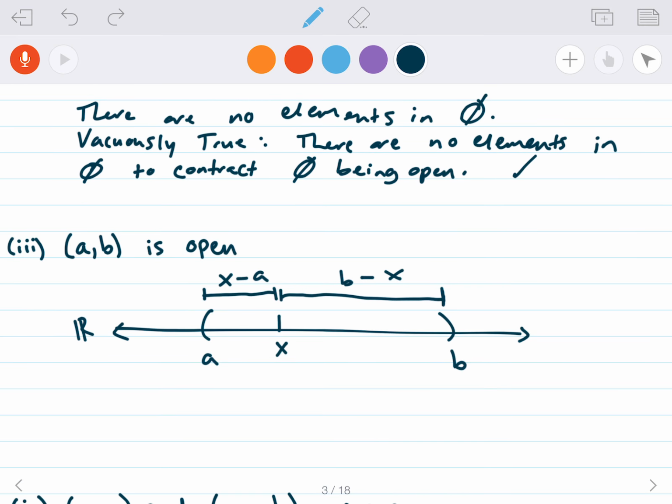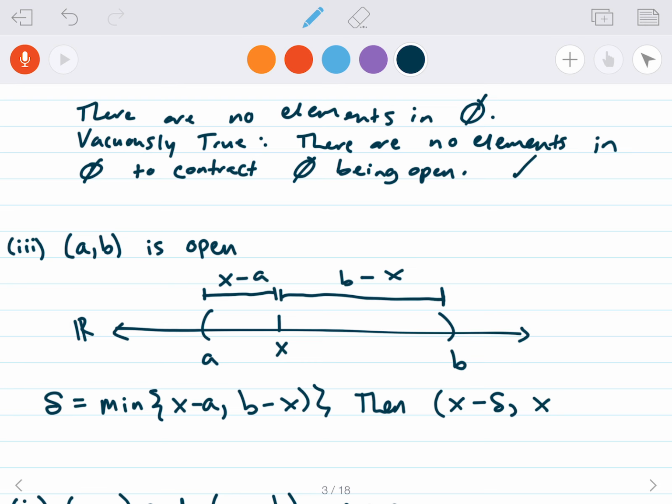So let delta be the minimum distance, then certainly we have that the neighborhood is going to be contained in (a, b).